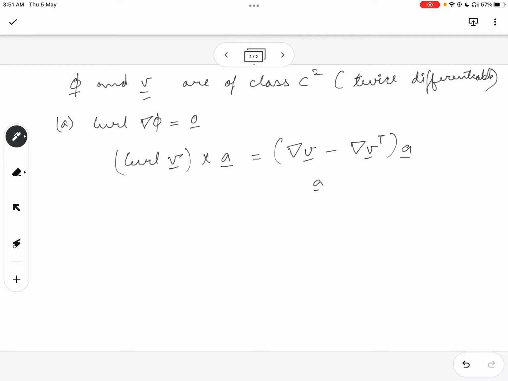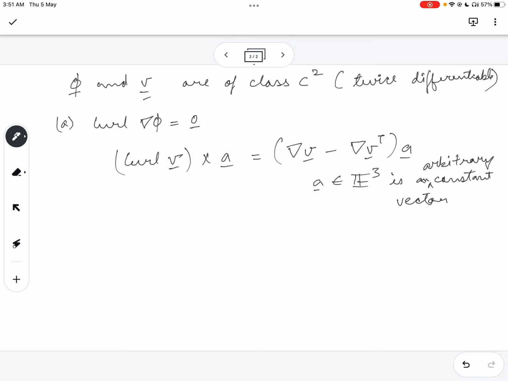For a, which belongs to E3, an arbitrary constant vector, this can be easily checked using indicial notation.